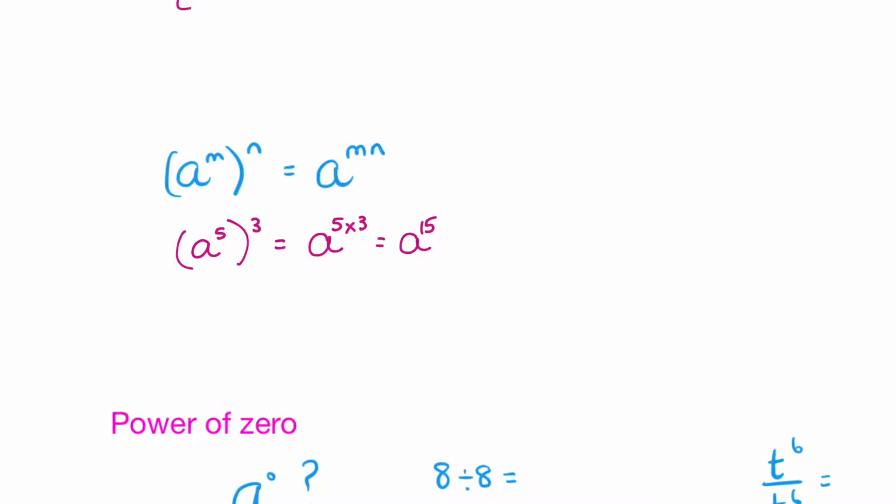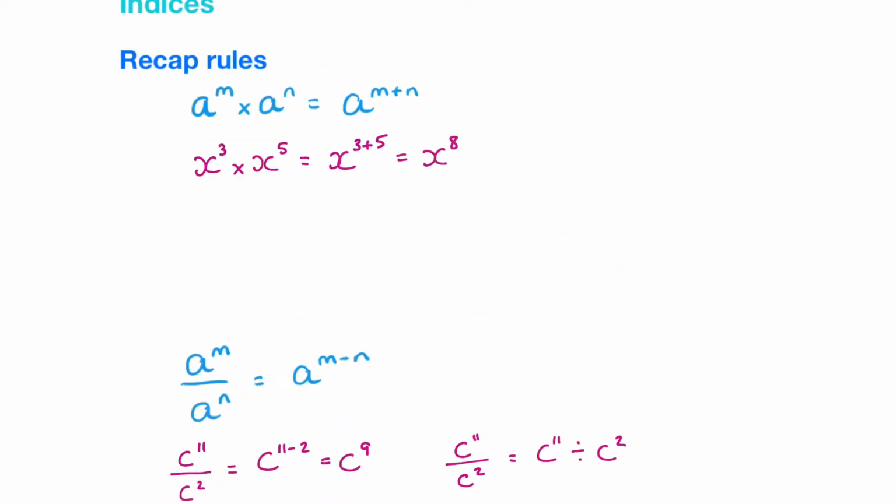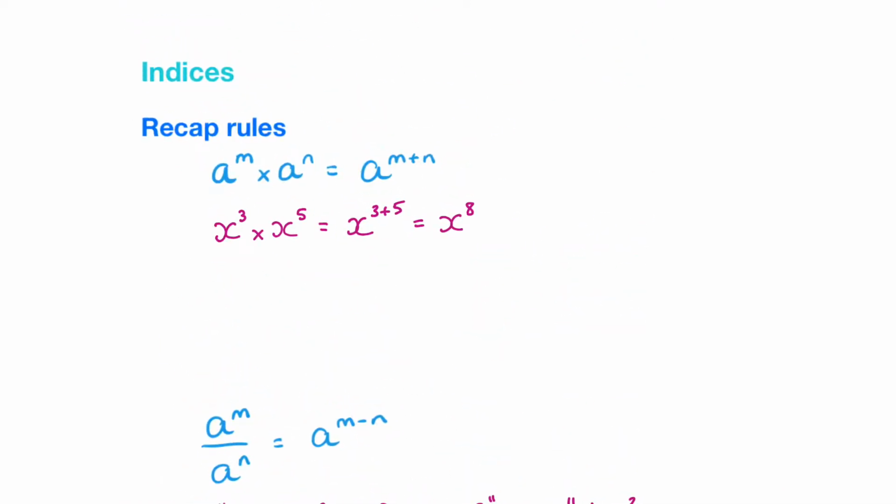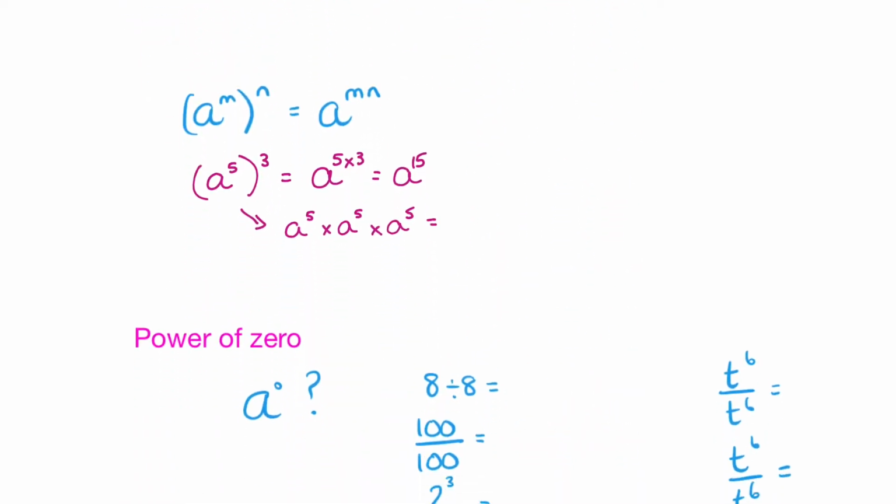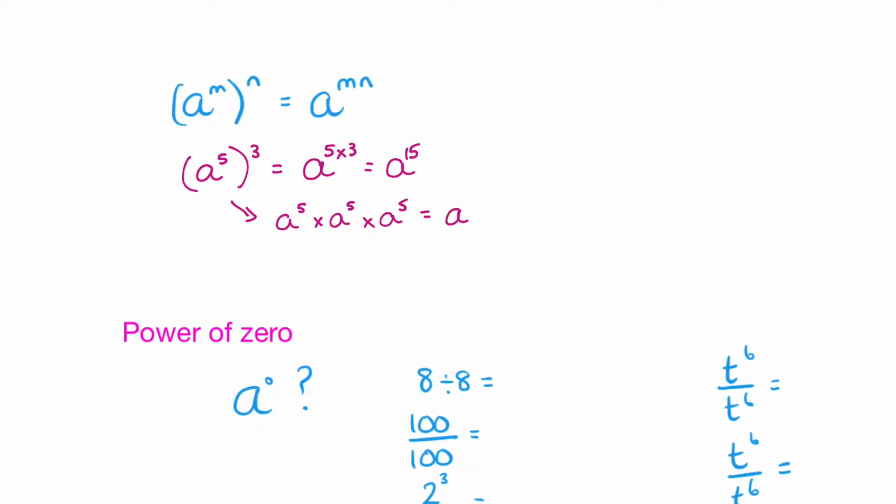Remember the reason for that one was that a to the power 5 cubed is a to the 5 times a to the 5 times a to the 5. So we've got 3 lots of 5 to add together there using our first rule. So 5 add 5 add 5, of course, is 3 lots of 5, so it's 15.